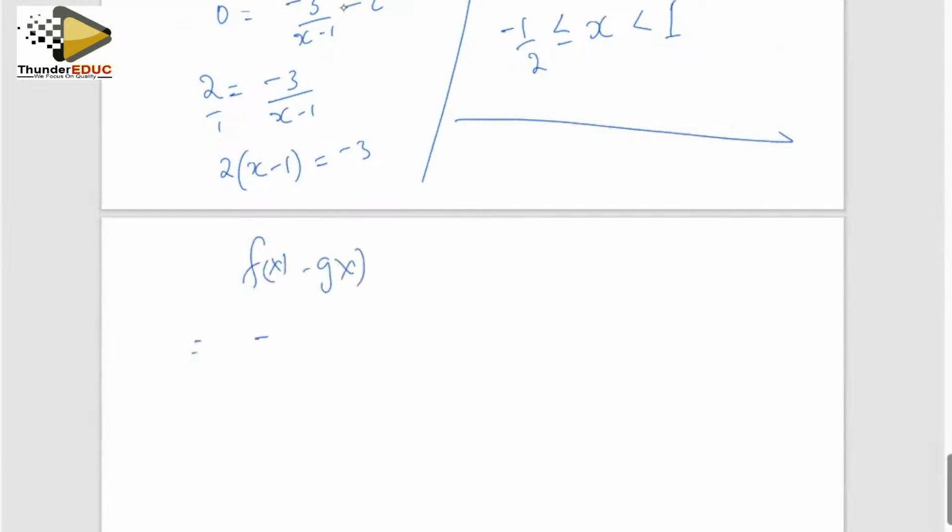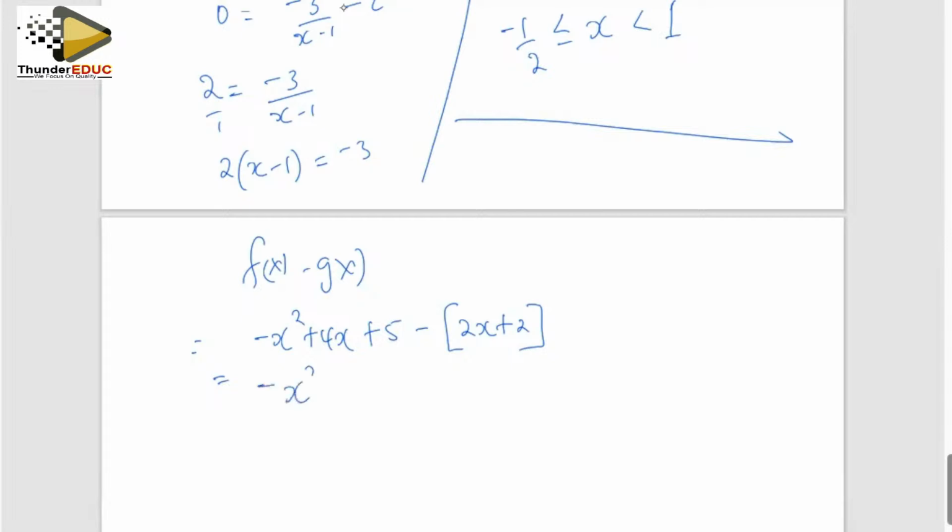Our f was negative x squared plus 4x plus 5. We're subtracting g, which is 2x plus 2. So this gives us the expression for determining the distance between any points along the two graphs.